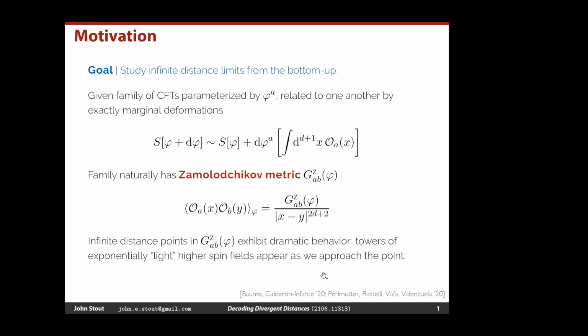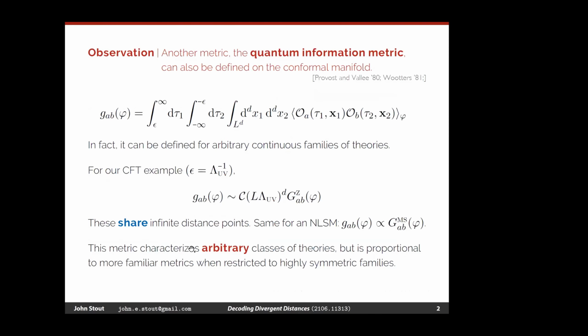And we know from some work that these authors did that there are infinite distance points in this metric where there's some dramatic behavior. They showed, or argued, that there should be some exponentially light higher spin fields that appear in that limit. So the motivation for this work was an observation that there's another metric that one can define on this family called a quantum information metric.